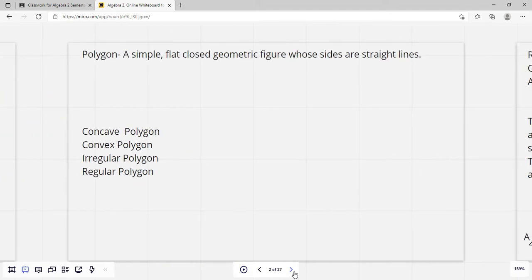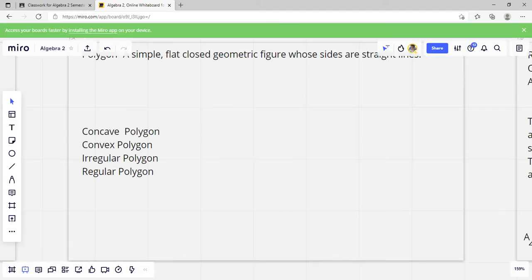Polygons. A polygon is a simple, flat, closed geometric figure whose sides are straight lines. To draw a polygon, it's basically any closed shape with straight sides. A triangle is a polygon.